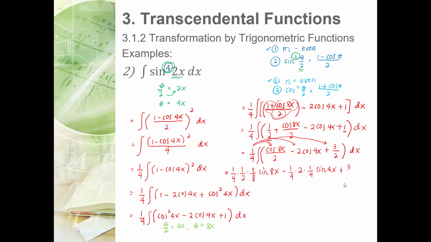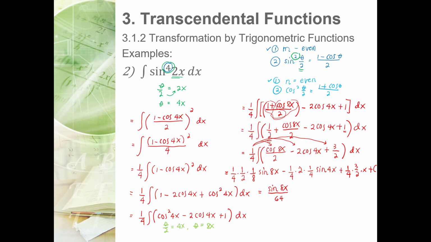Let's make it in order. So lastly you have 1/4 times 3/2 times x plus c. The integral of a constant is x. Okay, so simplifying, the first term is 1/4 times 1/2 times 1/8, that's 1 over 64. So the first term is sine 8x all over 64.